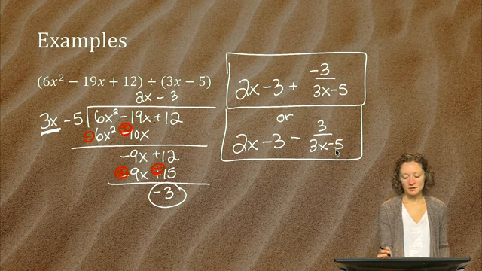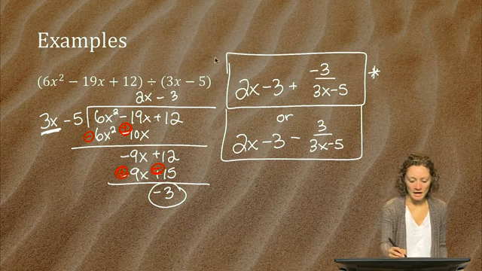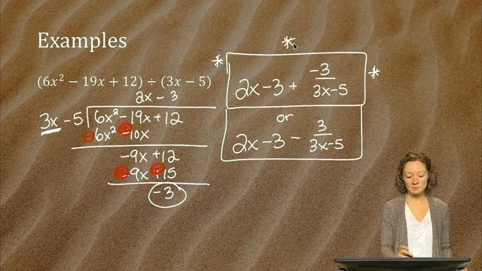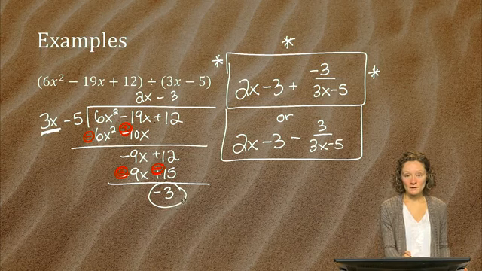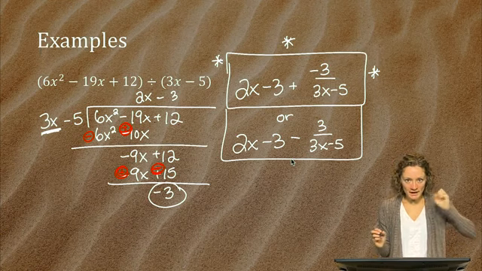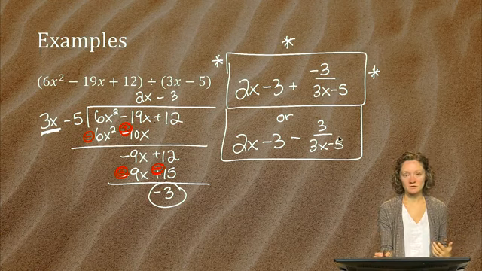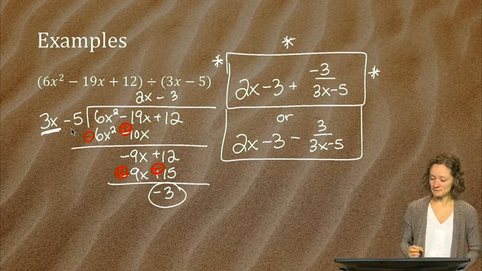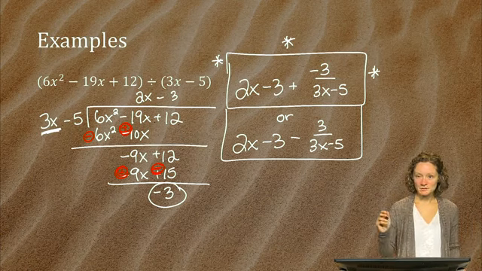Either one's okay, and you might be thinking, well, the second one looks more clear to me, but I would encourage you to go with the first one because this problem only has one piece left over. If there were multiple pieces there and you used the second answer, you would have to pull the negative, sort of factor it out of every piece of the numerator. So to avoid having to do that, you just write plus whatever's left over divided by the thing you were dividing by. So either one of these presentations is good.